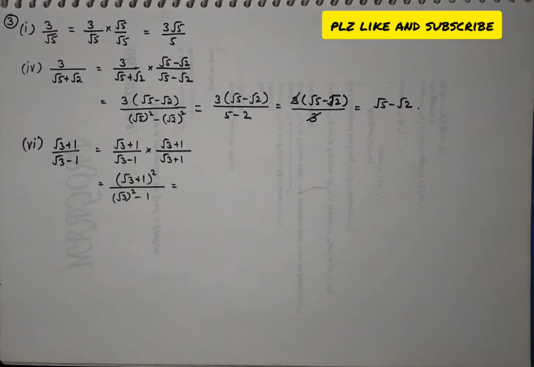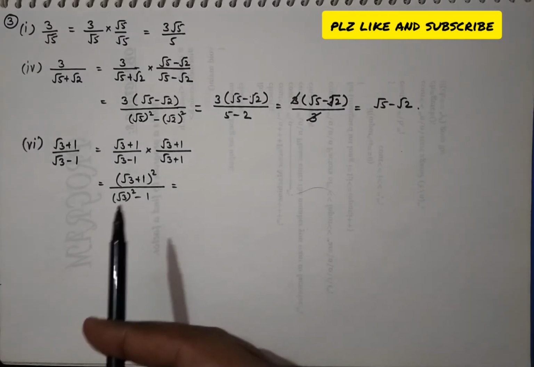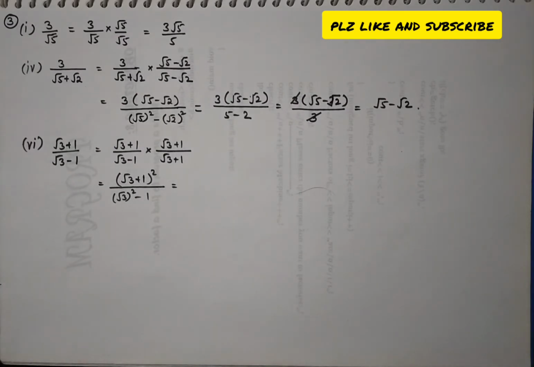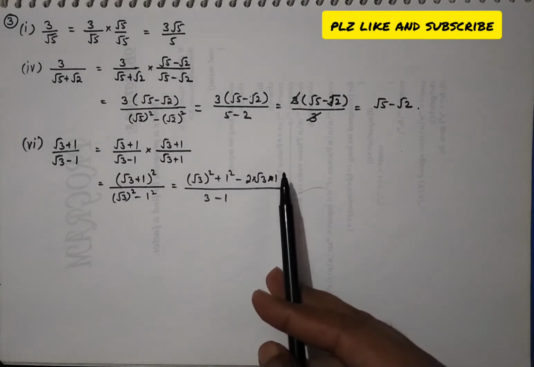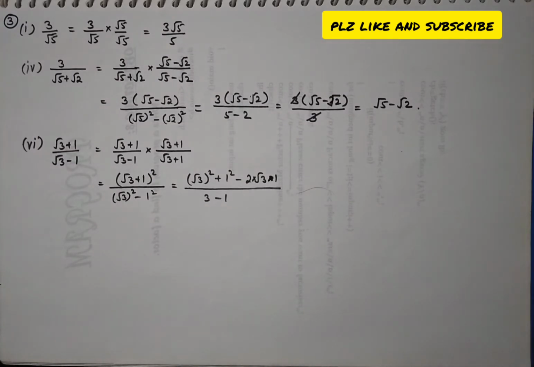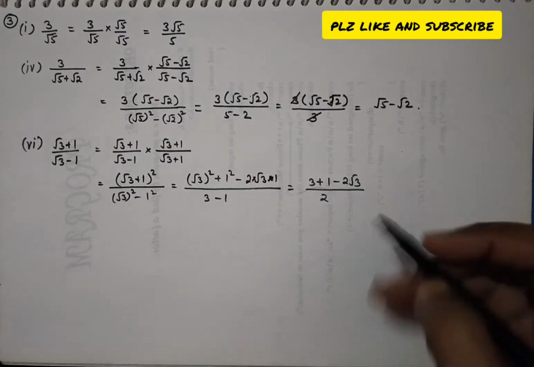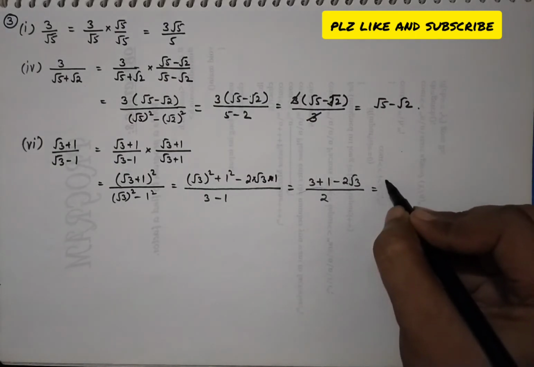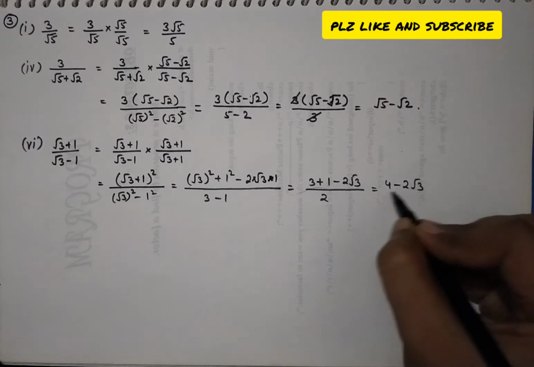Now we are going to expand the numerator in the form of (a plus b) to the whole square, and the denominator is just going to be opened up. Here we have a square plus b square minus 2ab, and here 3 minus 1. Now after getting this, we can solve this as (4 minus 2 root 3) by 2.